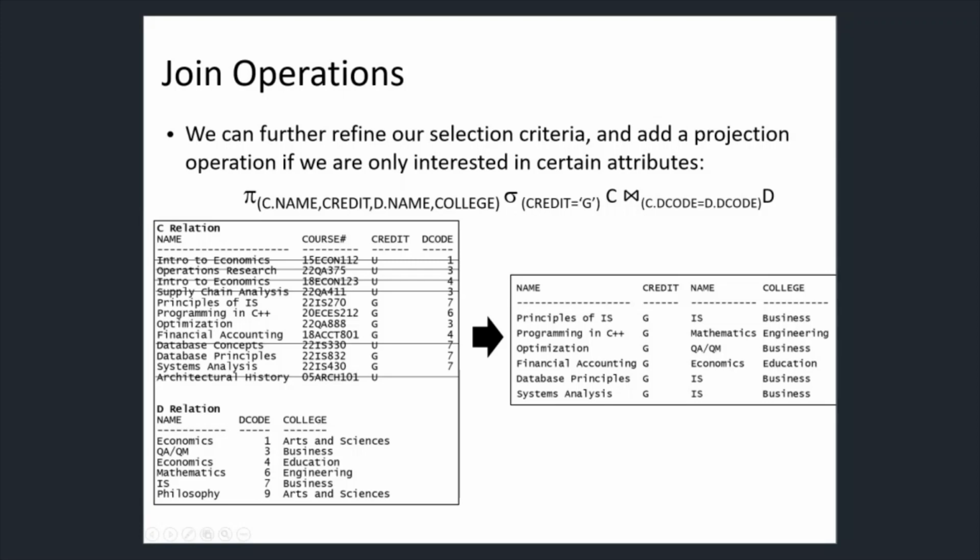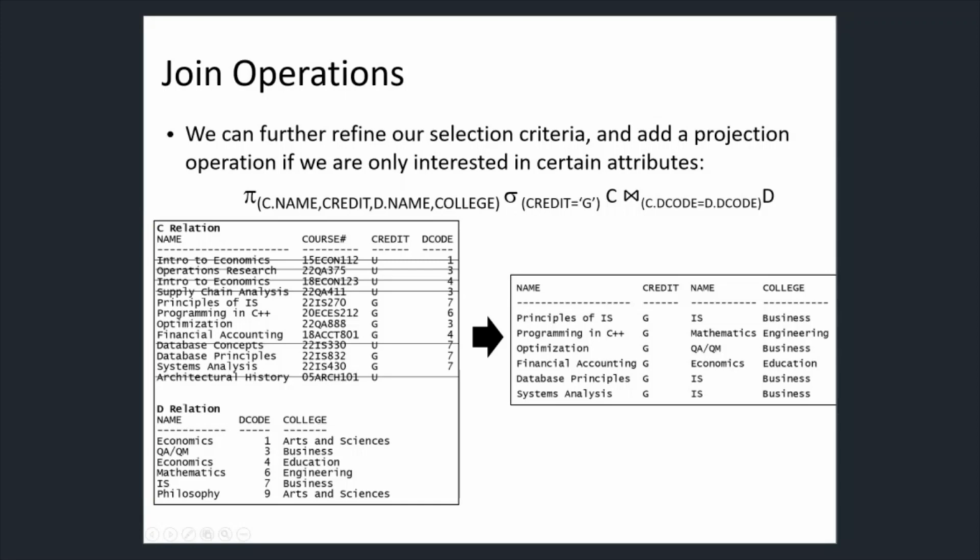So we're getting the name of the course, the credit type of that course, the department name, and the college in which the department resides, where credits are equal to G. And then we also want to do a join on the C relation and D relation, where the department code in C is equal to the department code in D.